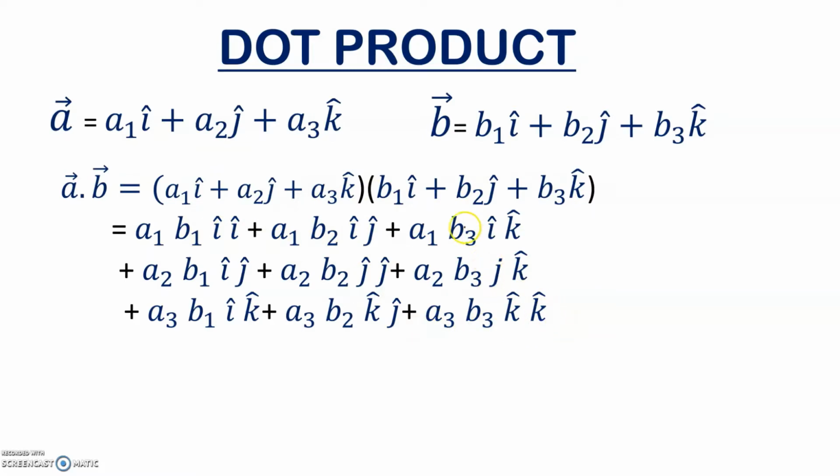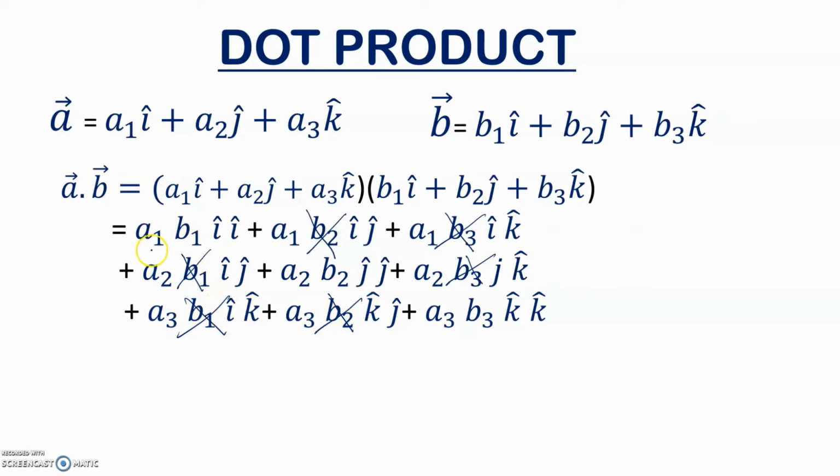Now we know that I cap into j cap will be 0, so this term will become 0. I cap into k cap will become 0. And A2 into B1 into I cap into j cap will become 0. This also will become 0.